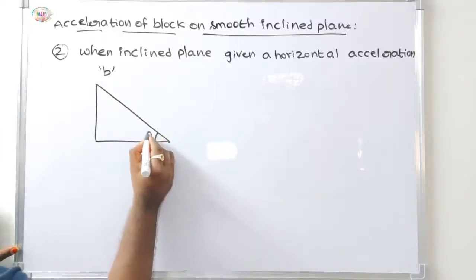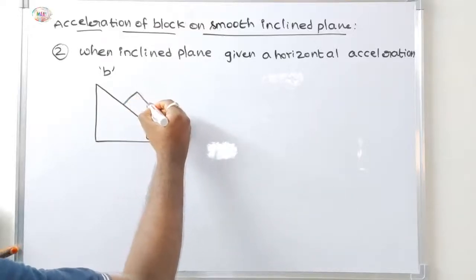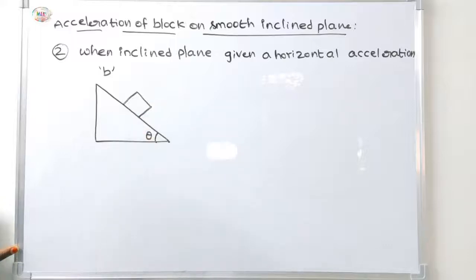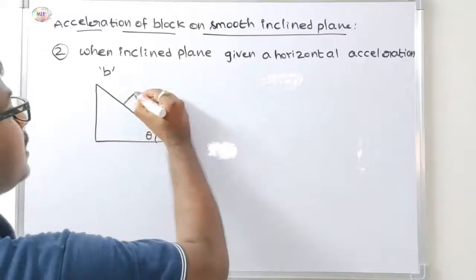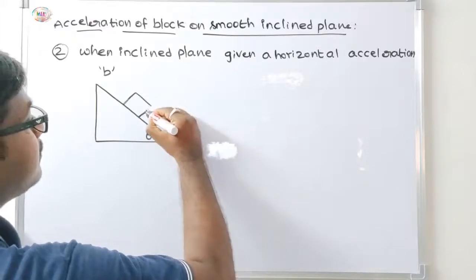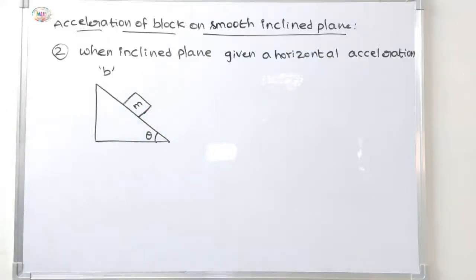A block of mass m is situated on the inclined plane. Since the body lies in an accelerating frame, an inertial force mb acts in the opposite direction.